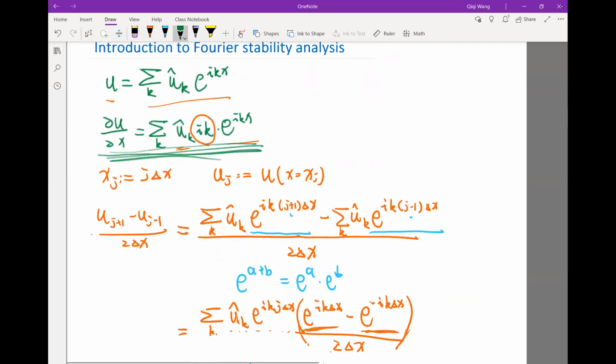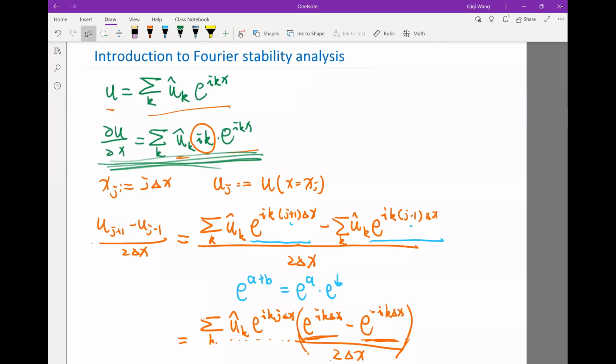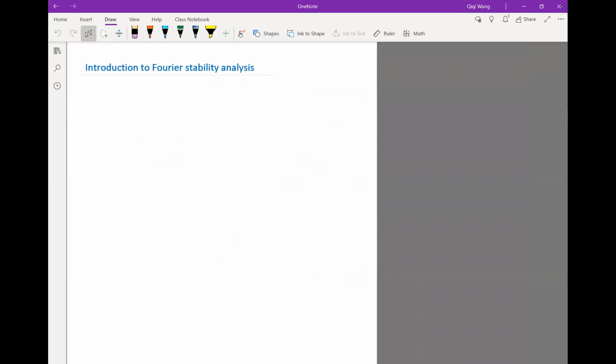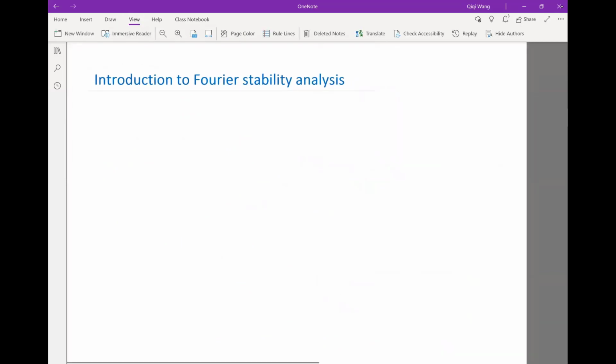Now let's discuss how that could be different if we use an upwinding or downwinding scheme, right? So if we shift the central difference to either a left or right biased derivative, how much different would that be? And that comes to the crux of what we can get by using the Fourier stability analysis.